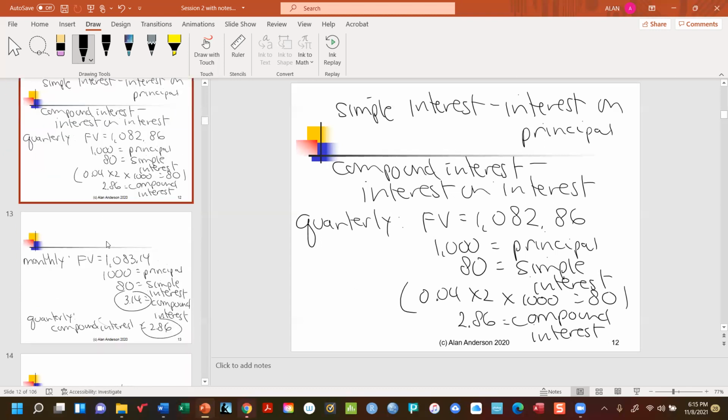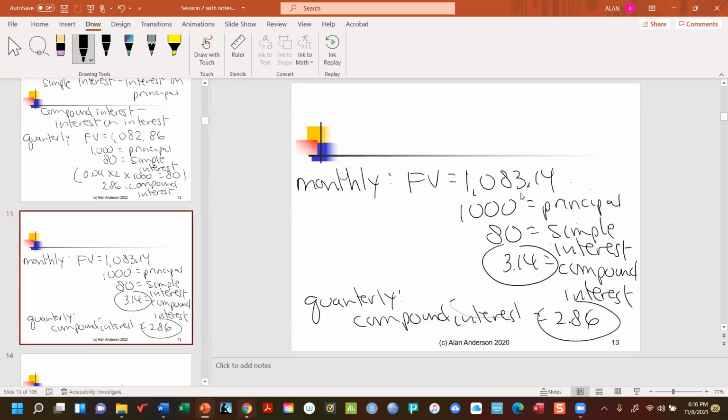Now, when we did monthly compounding, remember the future value went up to 1083.14. Well, the $80 in simple interest never changed. The rest, the remaining 3.14, is the compound interest.